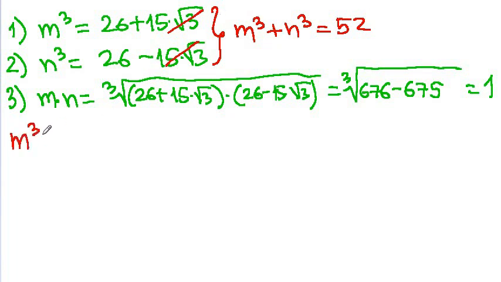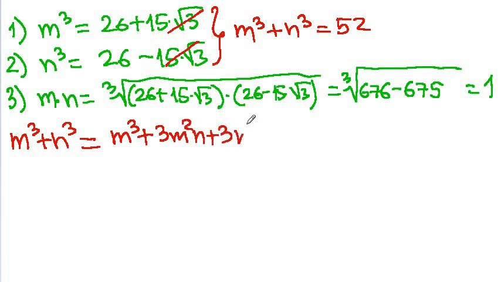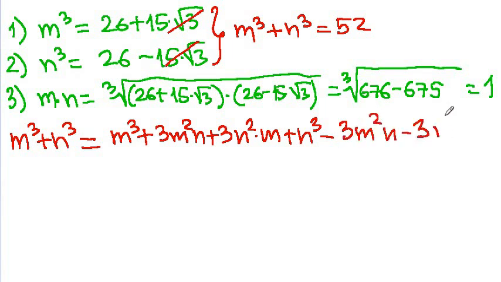M cubed plus n cubed, we can express this expression as m cubed plus 3m squared n plus 3n squared m plus n cubed, and we have to subtract 3m squared n minus 3n squared m, right?